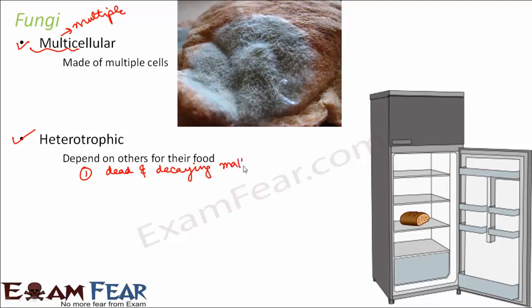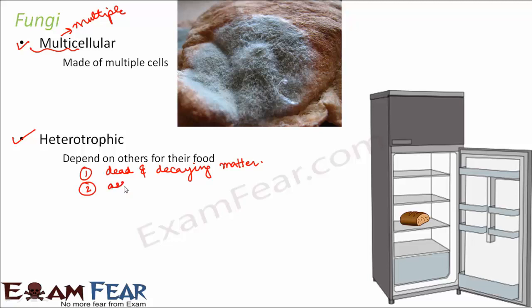So what is this dead and decaying matter? Plant remains or animal remains after they die. So fungi are dependent on other organisms like plants and animals, so that when they die, it can feed upon their dead and decaying matter. That is one source of food for them. Next, they can exist with other organisms and get food from them.